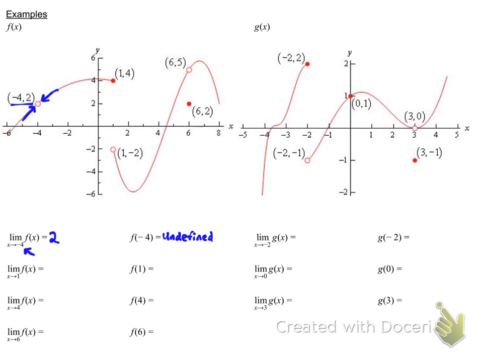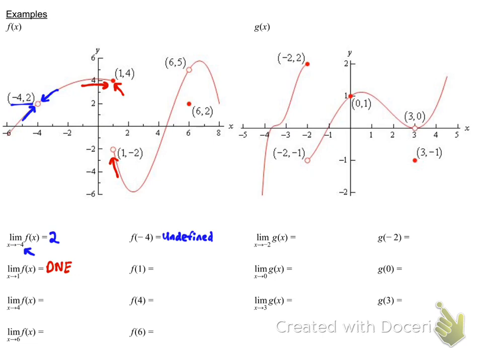All right, next, the limit of f of x as x approaches 1. Notice from the left side, the y value is getting closer to 4, but from the right side, the y value is getting closer to -2. So because the left and the right are different, we need to say that the limit does not exist. However, the function at that point, f of 1, does exist because there's a filled in point right there at (1, 4).